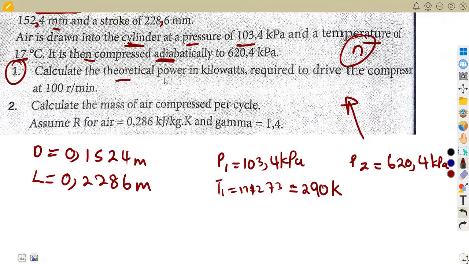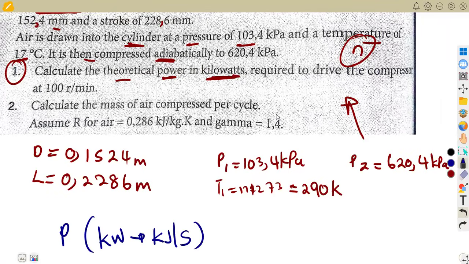They want you to calculate the theoretical power in kilowatts. So we need to calculate power in kilowatts, and kilowatts means kilojoules per second. That is what they want, required to drive the compressor at this speed.